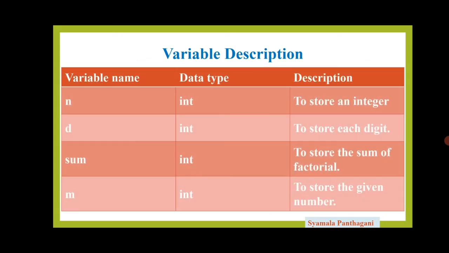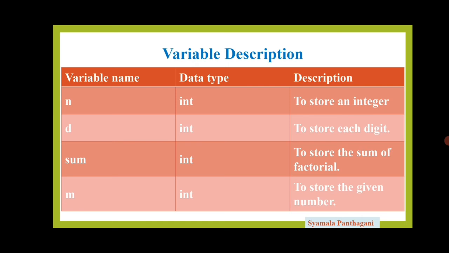Next one is the variable description. In this program, I would like to use four variables. The first one is n. n is an integer to store an integer. d is an integer to store each digit. sum is an integer to store the digits. m is an integer to store the given number.